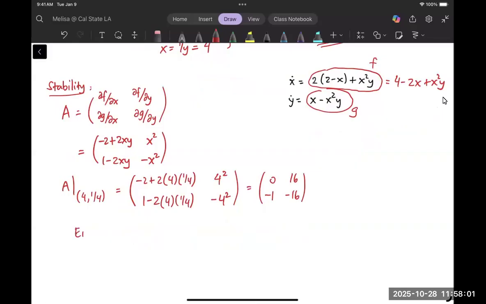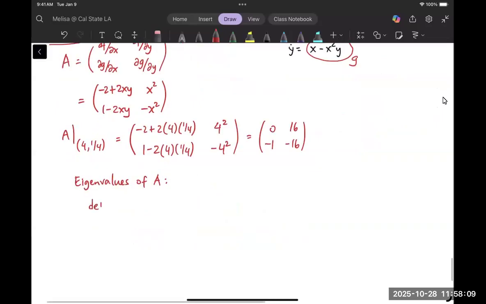Okay, let's look at the eigenvalues. So determinant of A minus lambda I, set it equal to 0. Here, A minus lambda I would be this matrix: minus lambda, 16, minus 1, minus 16 minus lambda.